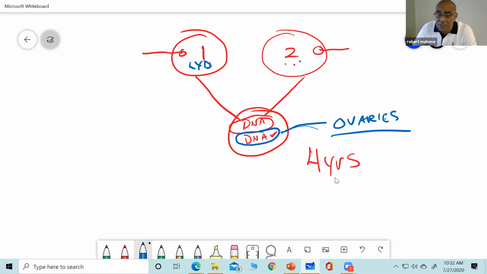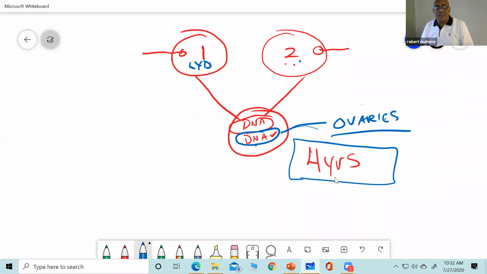The only thing she got from her twin was the ovaries. They were checking her saliva, her hair, her blood, all of those had this DNA. It wasn't until they got around to checking her ovaries that they found the second DNA. And it took them 4 years to actually get around to that, science-wise.